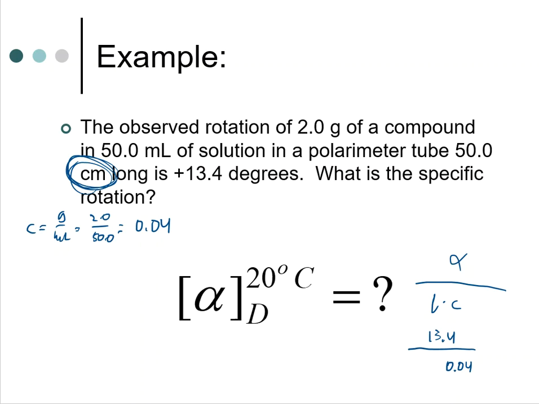So I'm going to take the given, which is 50 centimeters over 1, and I need decimeter, but that's a different prefix. So in order to go from one prefix to the other prefix, I kind of have to go to the base unit first. So centimeter on top, centimeter goes on the bottom, and we go to meter. How many centimeters are in a meter?